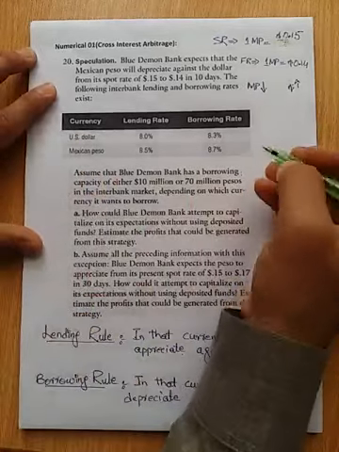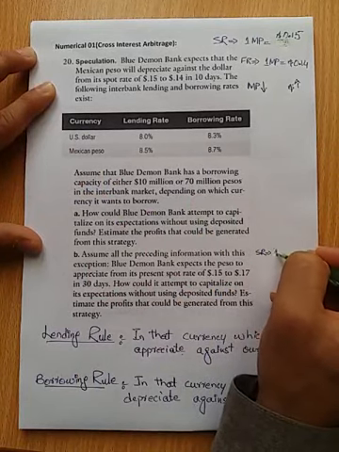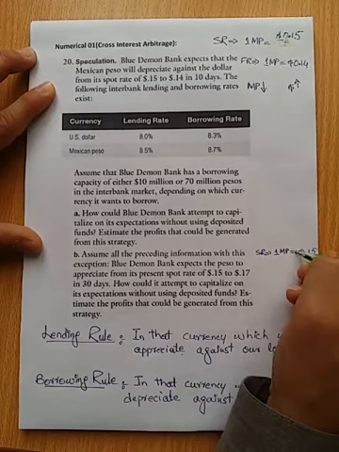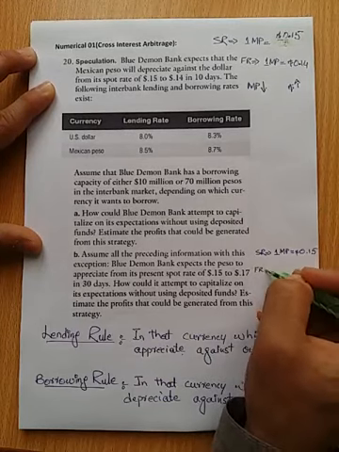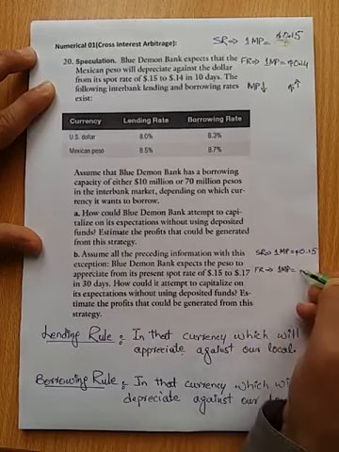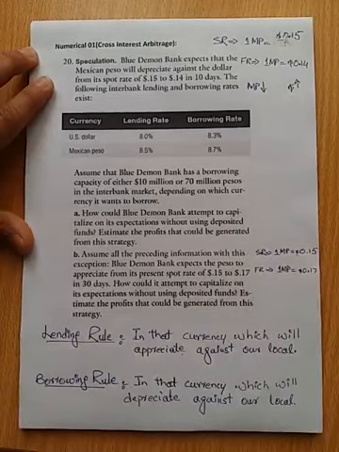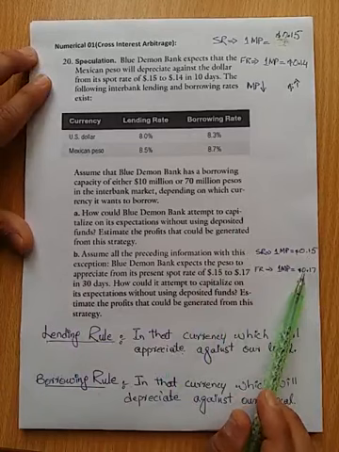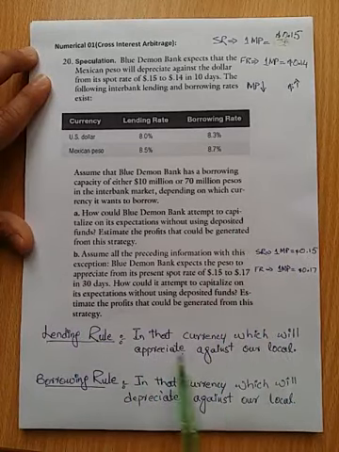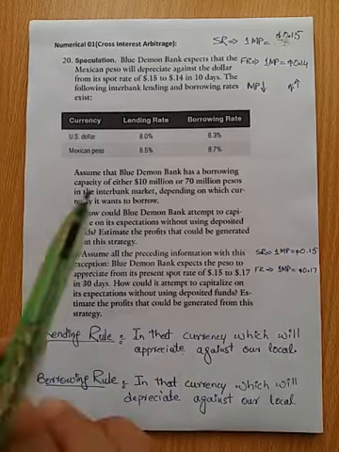Okay, so in this situation, in our part B, the spot rate is 1 Mexican peso equal to $0.15, and then the forward rate after 30 days is expected to be 1 Mexican peso equal to $0.17. Now if the foreign currency is appreciating against our local currency, then we are going to apply the lending rule, which means we will invest money in Mexican peso.